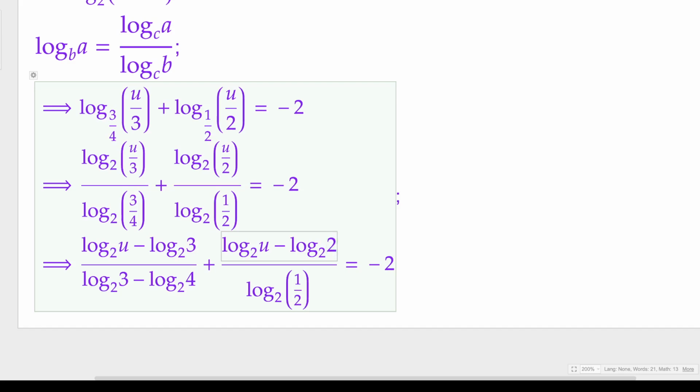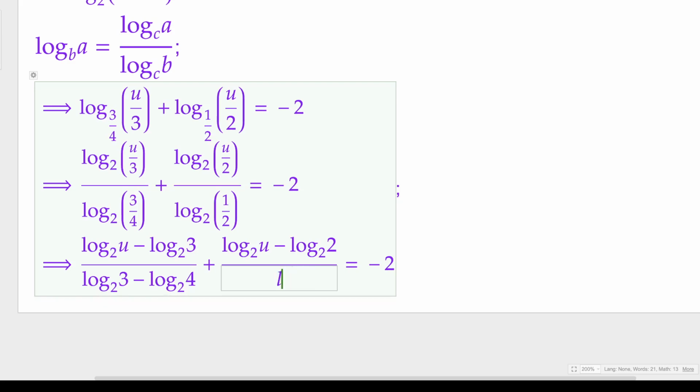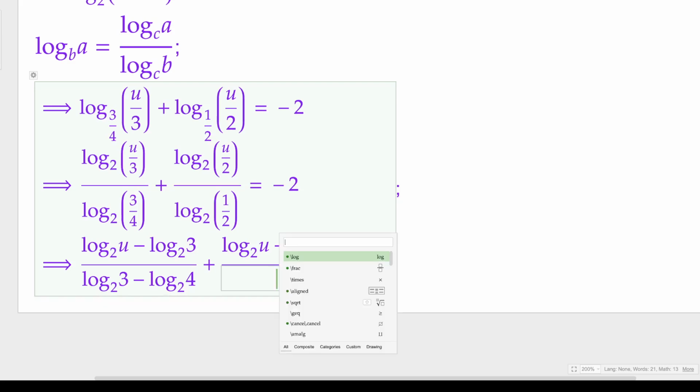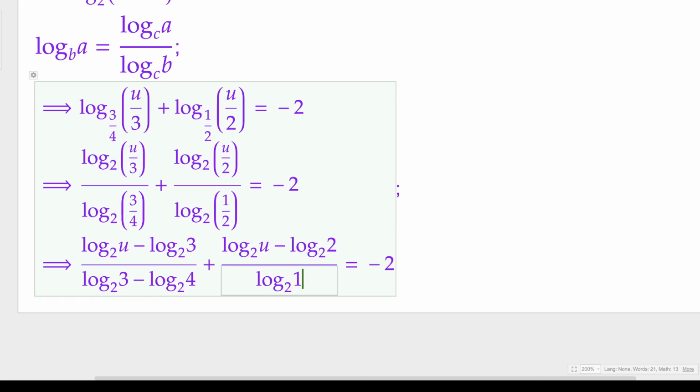And the same thing here as well. In this case, if you observe this one, I can write it as log of, so this one will be log of 1 with base 2, that will be 0 obviously, and this will be log of 2 with base 2, this would be 1, right.